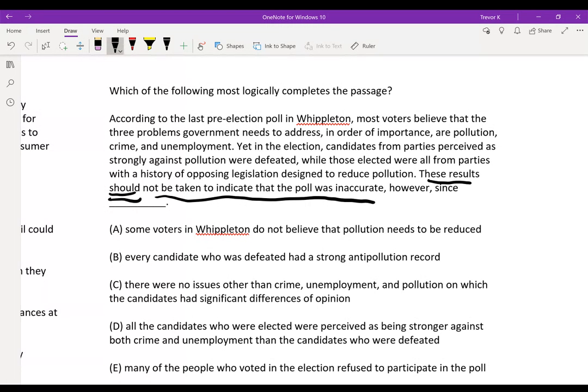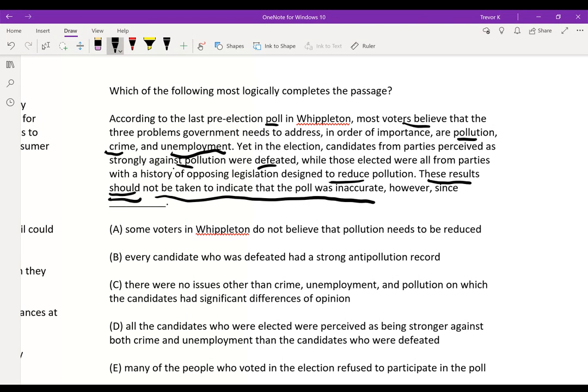because, and here I have pretty weak reasoning. I have a poll that says most voters believe that the government needs to address pollution, crime, and unemployment. Let me fix that: pollution, crime, and unemployment in that order. But the people who were against pollution were defeated, and the people who were for pollution were elected. So I really don't have good reasoning right here, right?